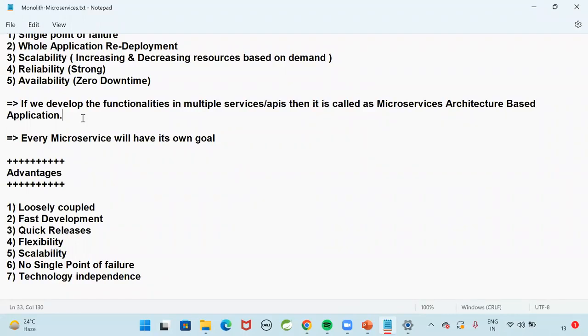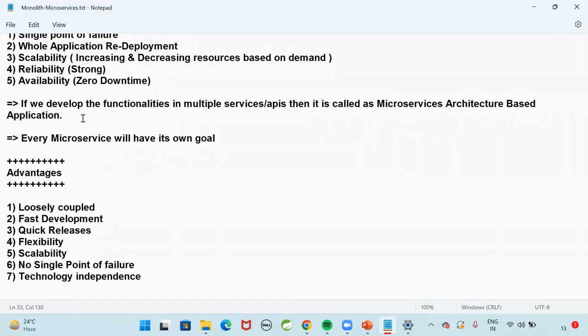Microservice is not a technology. Microservice is not a framework. Microservice is not an API. Microservice is just one architectural design pattern to develop the application with loose coupling.